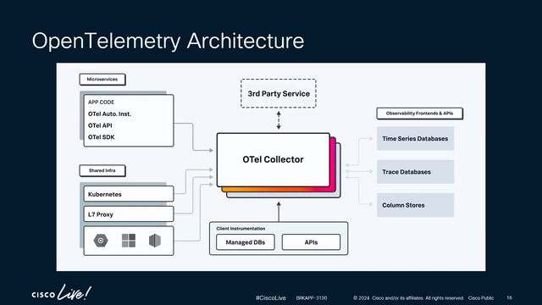So it has to be a time series database, a trace database, and a columnar store in order to store events or log information. It's as simple as that, as compared to all the architectures you might have seen for agents and how they collect and send data out.